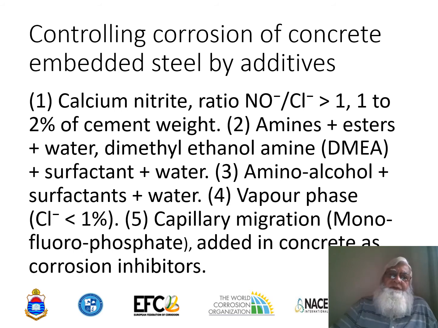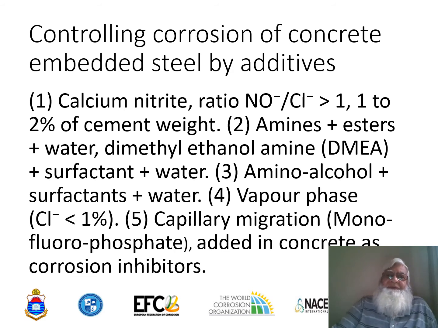The nitrite should be more than the chlorides. And generally calcium nitrite is added at 1 to 2% of the cement weight, into the cement to act as an inhibitor.